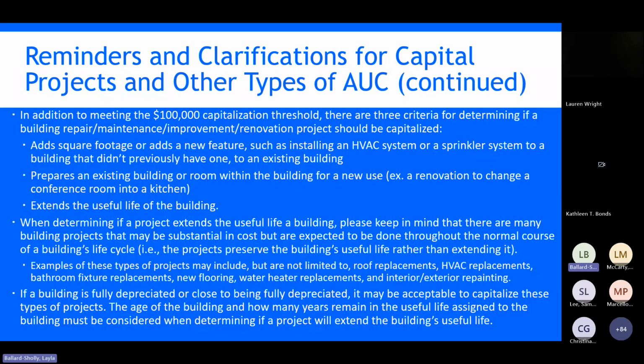But for buildings that are newer or in the middle of their useful life, a lot of the projects you might be doing to them, even if they're substantial in cost, are things that are still expected to be done throughout the normal course of a building's life cycle. In other words, the project preserves the building's useful life rather than extends it. So common examples of this are roof replacements, HVAC replacements, replacing bathroom fixtures, new flooring, water heater replacements, repainting, etc.